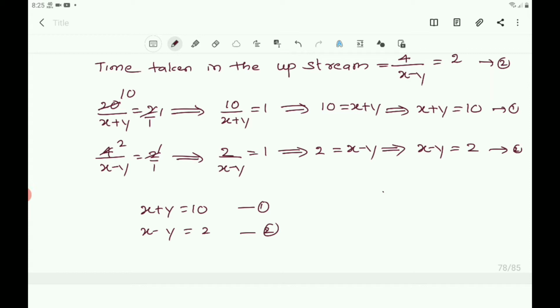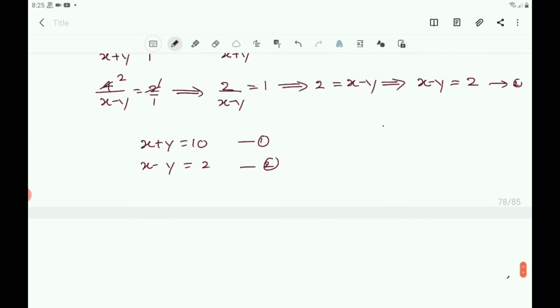In both equations the variables have the same coefficient magnitude: x has plus 1 and plus 1, y has plus 1 and minus 1. So you can add or subtract here. By adding, the different signs cancel, and you can eliminate y. Or by subtracting one equation from the other you can cancel x.